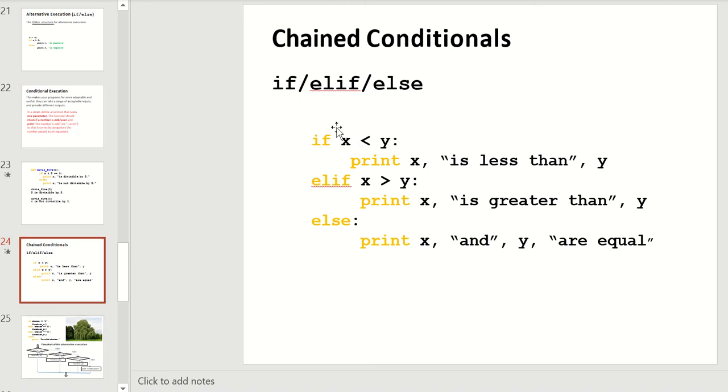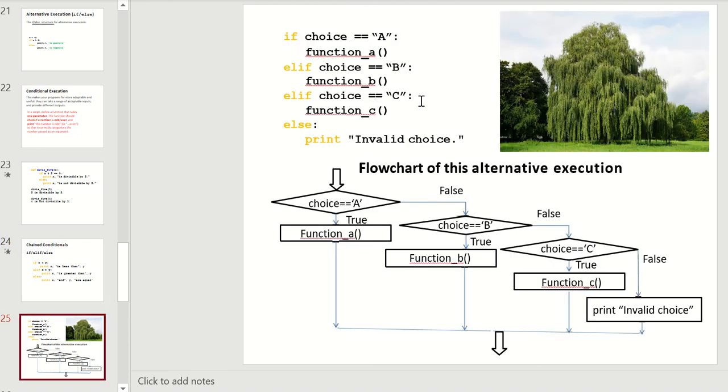This is one way to structure the checking of multiple conditions. Up here in the right corner, the willow tree, you can think of the flow chart for this alternative conditional execution as looking like cascading willow, starting at the top and going out and down.